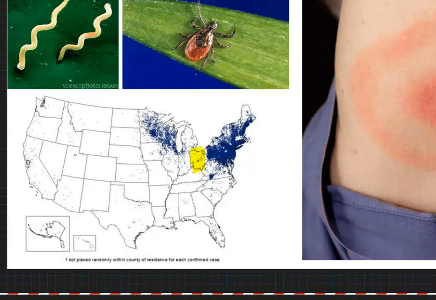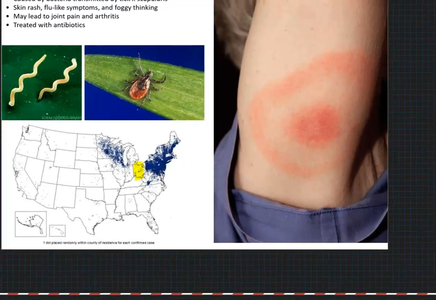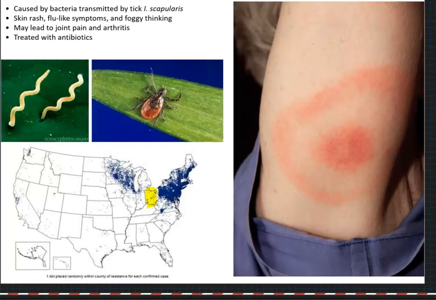So let me finish with Lyme disease, and I'm going to comment on ticks in general. So this Ixodes scapularis tick, after a tick bite, you may see this bullseye rash. Or may not.